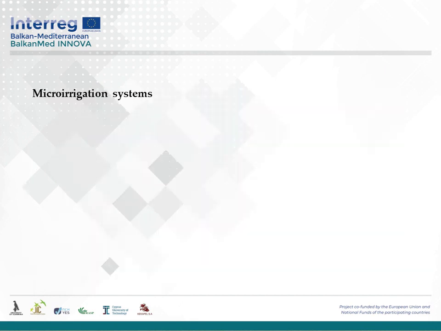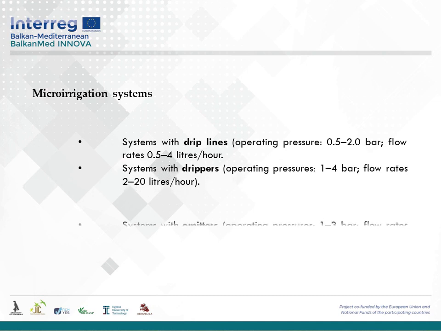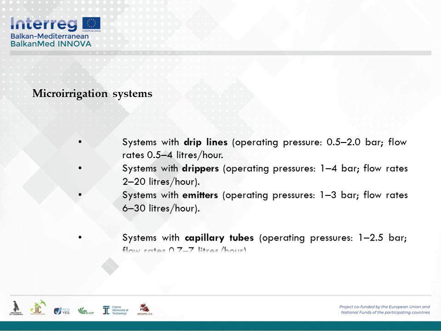The most used irrigation systems in greenhouses are the micro irrigation systems, which have already replaced the previous older irrigation systems, such as furrow irrigation, already too old, and even the common sprinkler irrigation systems. There are a number of categories of micro irrigation systems, which differentiate from each other regarding the operating pressure and the flow rate.